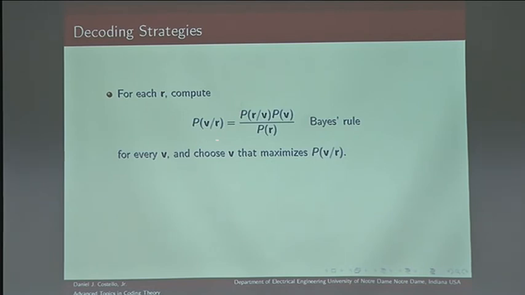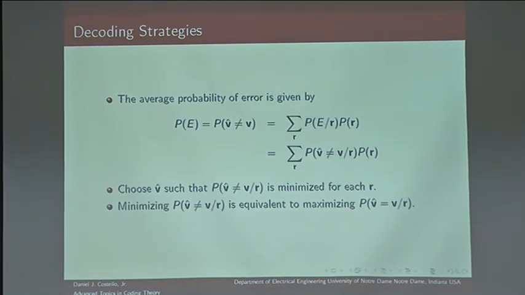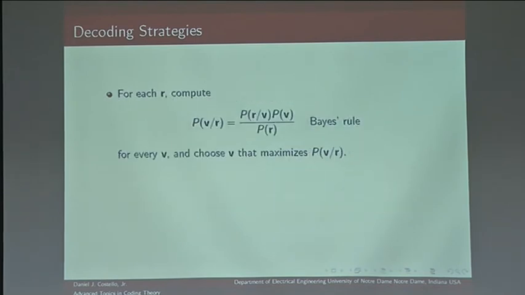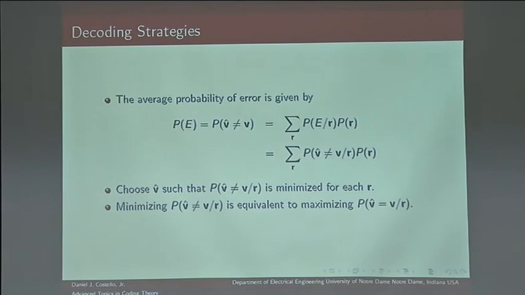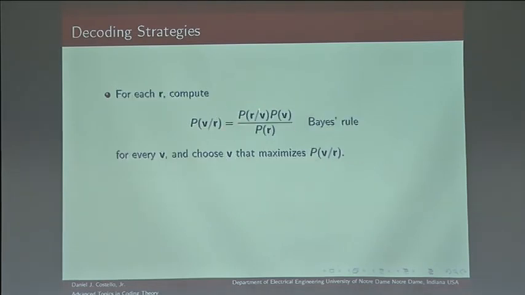Okay, so this conditional probability, P of V given R, can be written using Bayes' rule this way. Now, what's the problem with just doing this? What information do we have from our channel model? Well, our channel model doesn't tell us this conditional probability, but it does tell us this one.